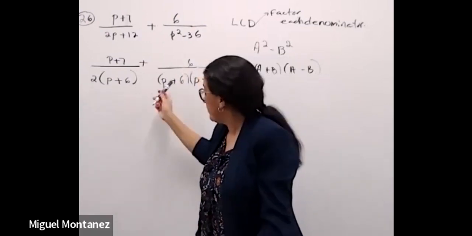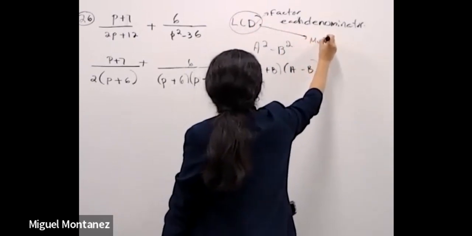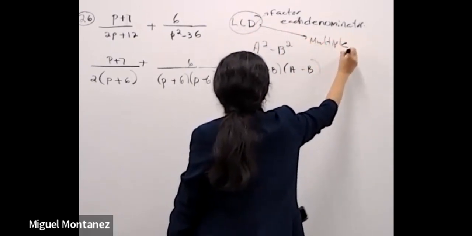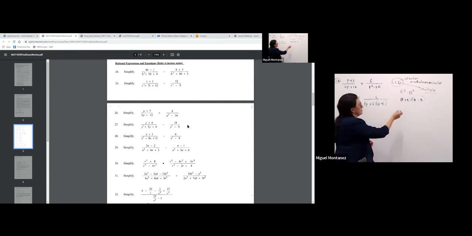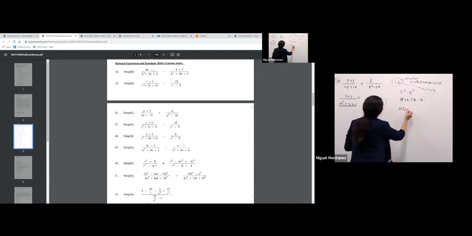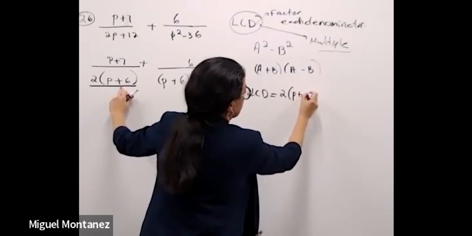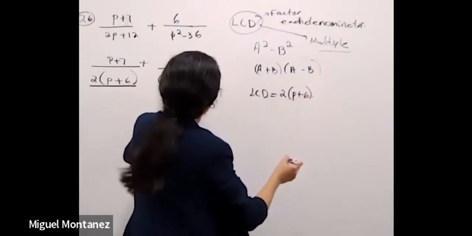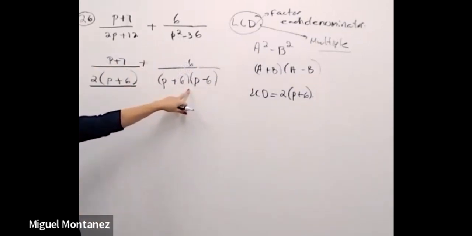Once we factor the denominators, the LCD is the multiple of those prime factors. So we get all the factors from the first denominator: a 2, a p plus 6, times any other factor from the second denominator that we haven't used.